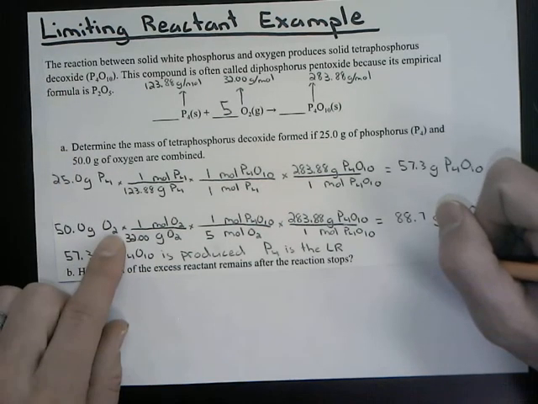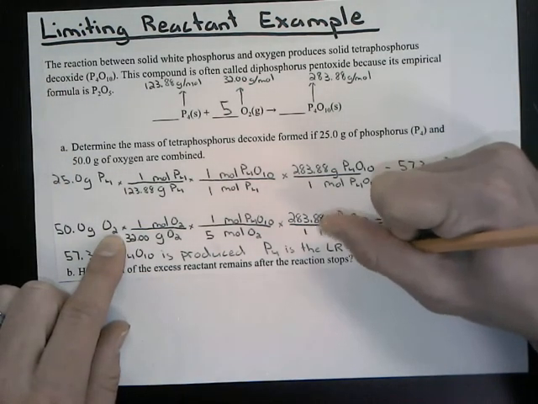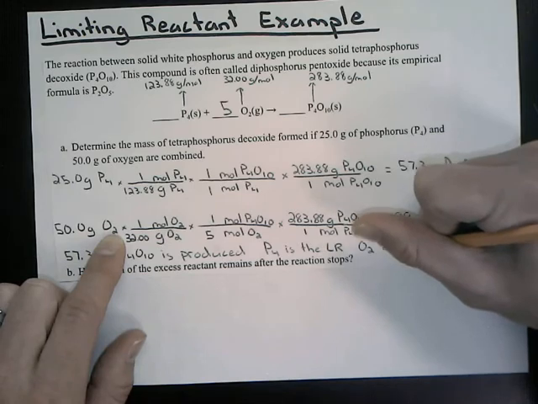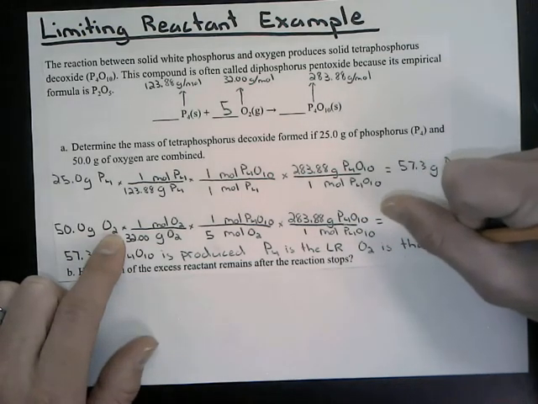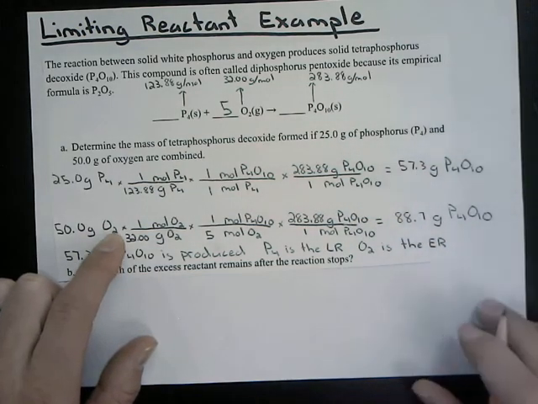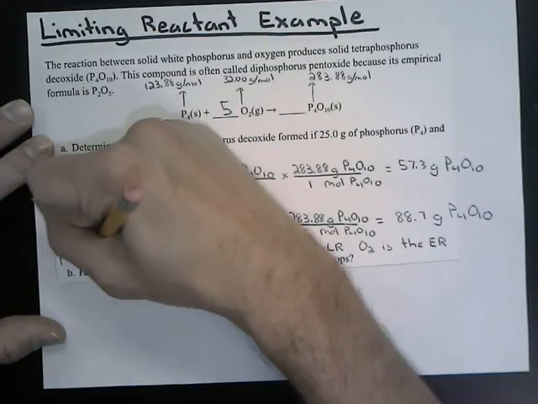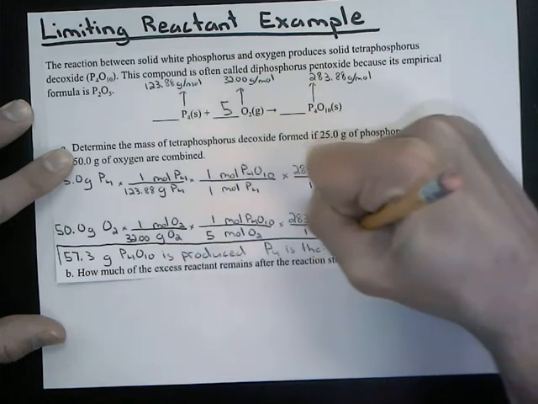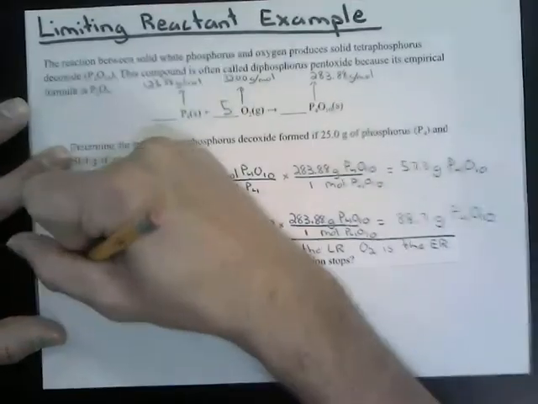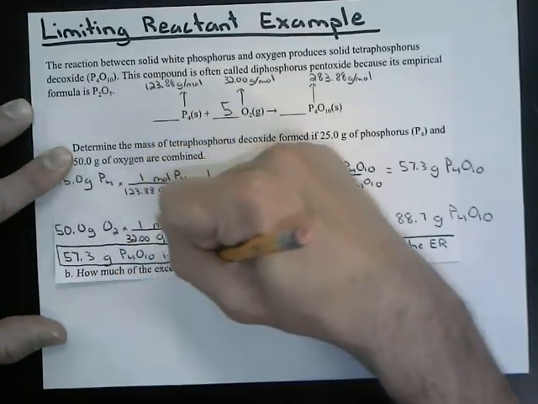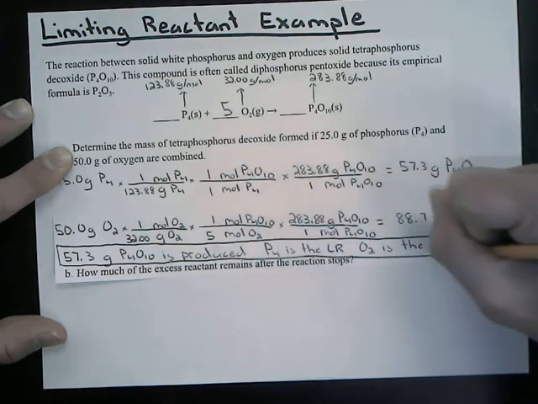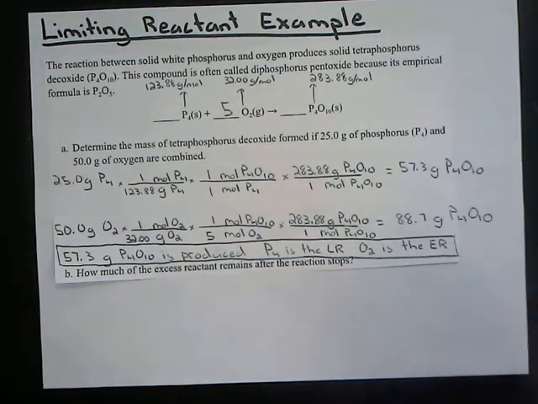And that means oxygen, O2 is the excess reactant. And I'm going to abbreviate that ER. Okay, so that right here is our answer. I know it's a lot of work to go from start to finish here, but we have answered a lot of questions in this example.